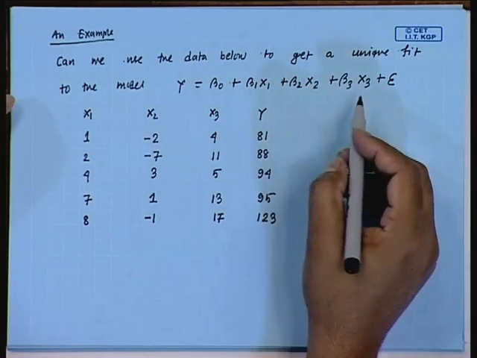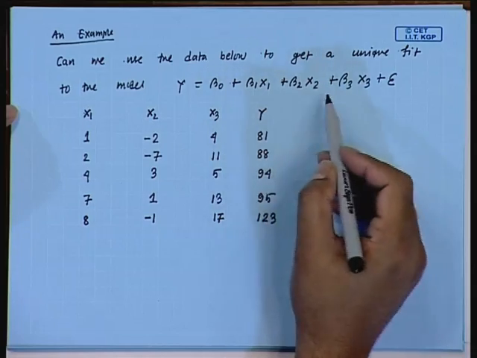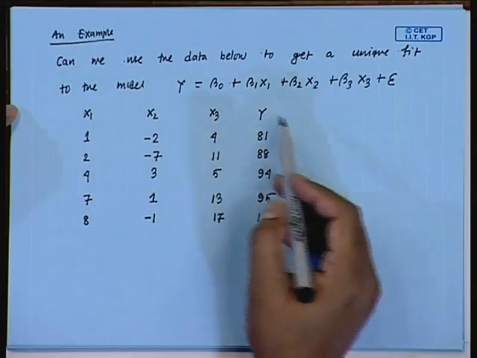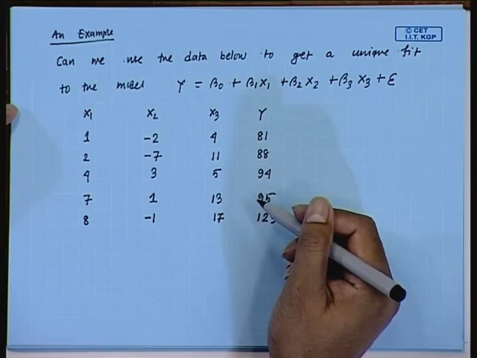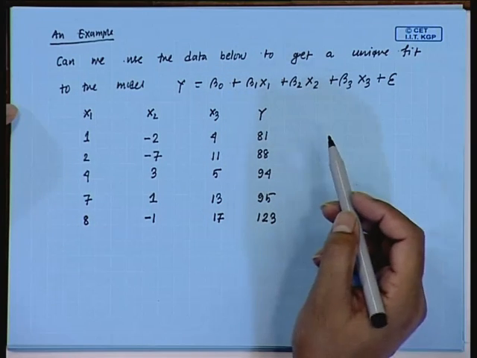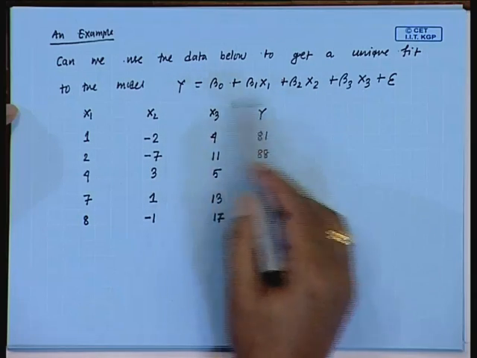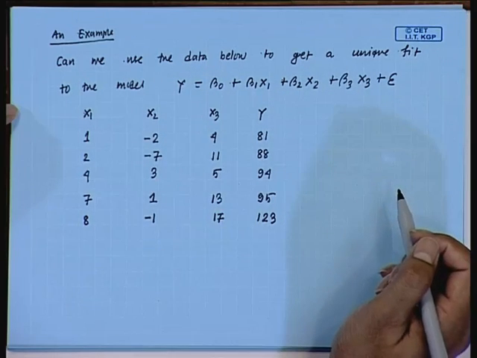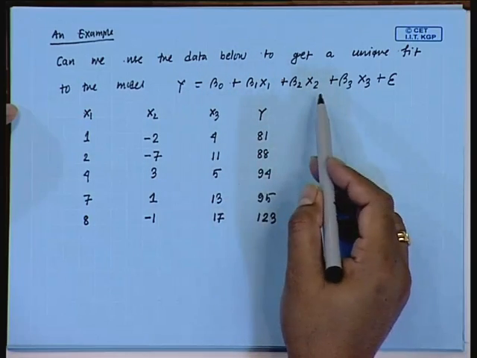So, here in this example we have three regressor variables x1, x2, x3 and one response variable, and here is the data. Now, the question is, whether we can use this data to get a unique fit to this model. Well, of course, we can get a unique fit.